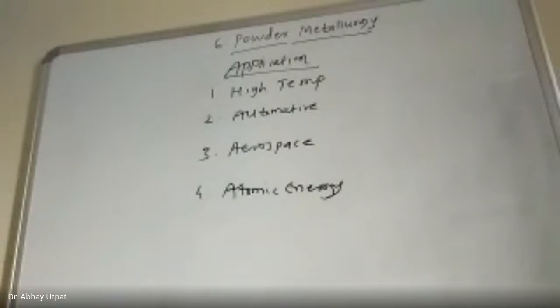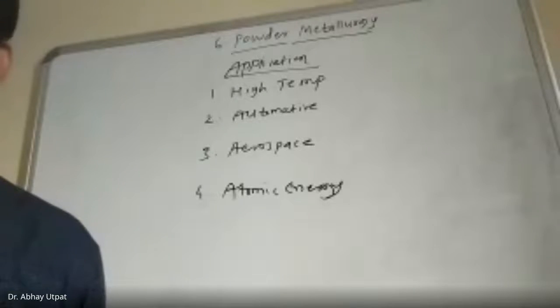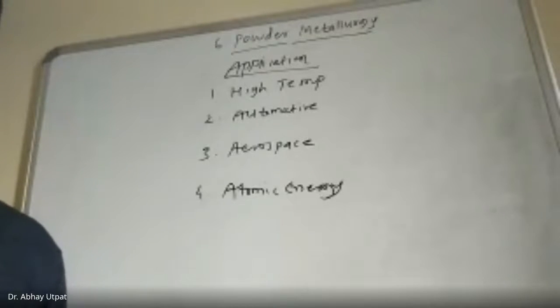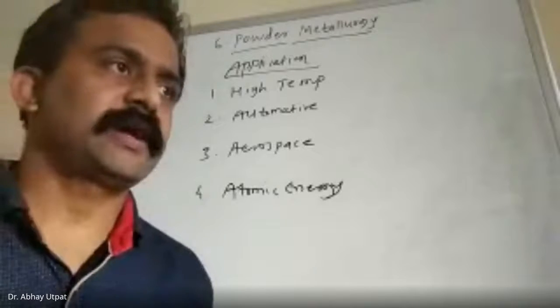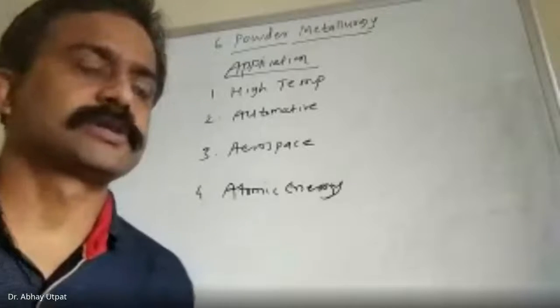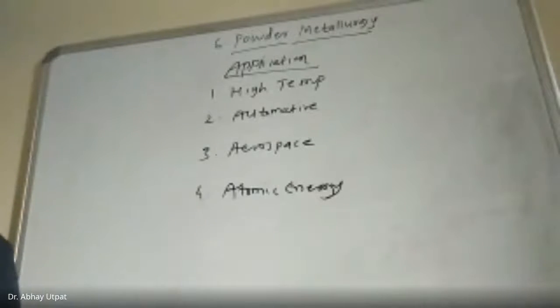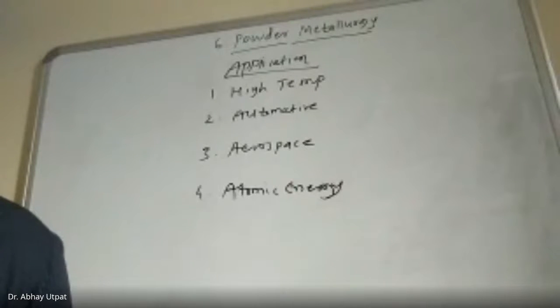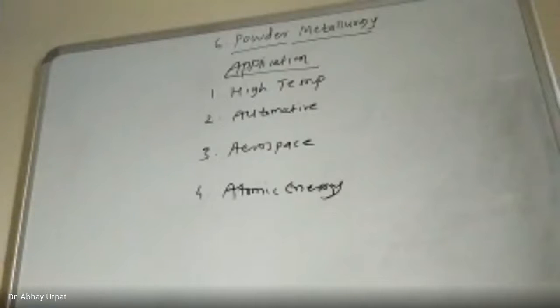In brackets, refractory metal powders are used: tungsten (W), molybdenum (Mo), tantalum (Ta).